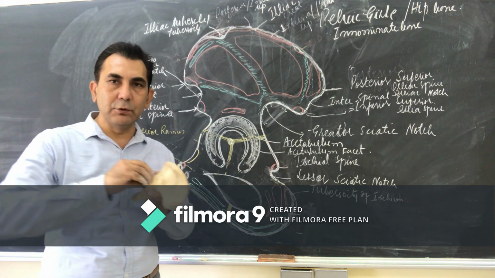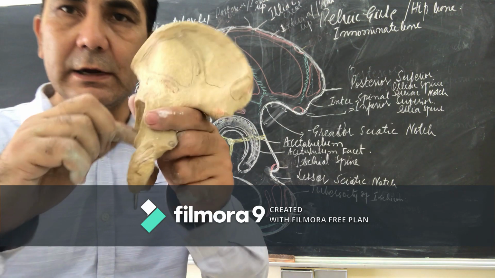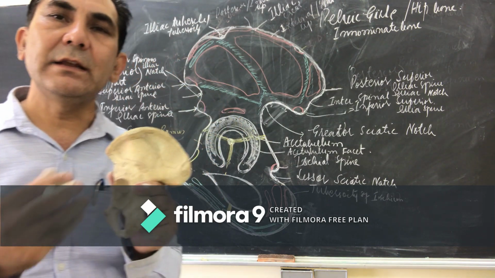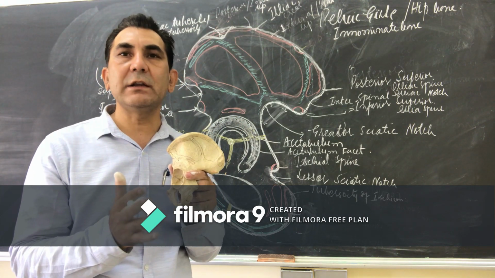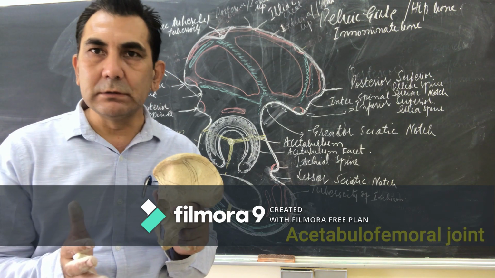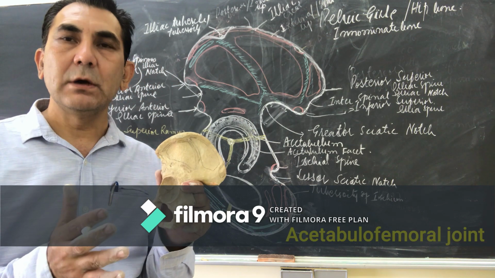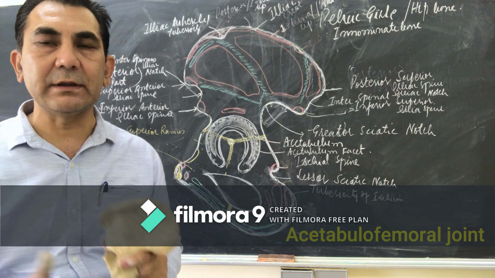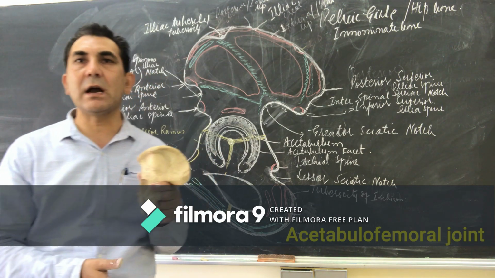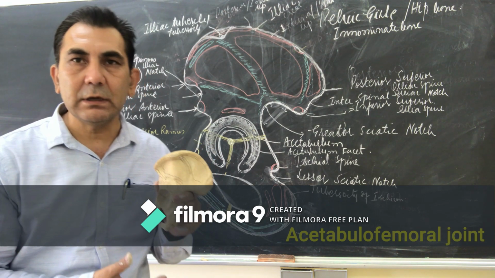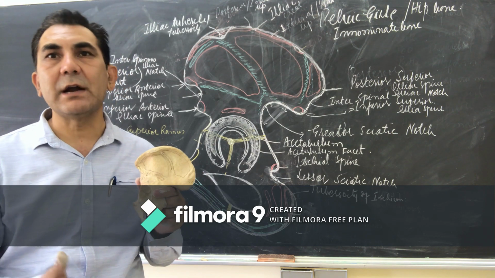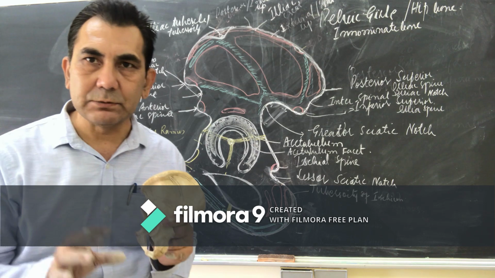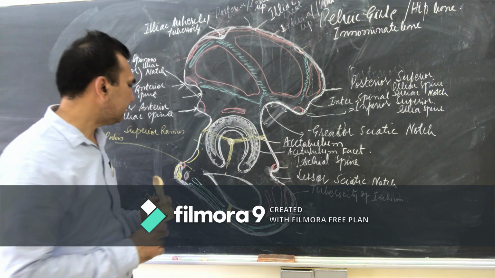When the head of the femur bone comes into the acetabulum cavity to make the ball and socket joint, the name of this joint is the femoral acetabular joint. The common name of this joint is the pelvic joint, or the hip joint, but the actual name is the femoral acetabular joint.